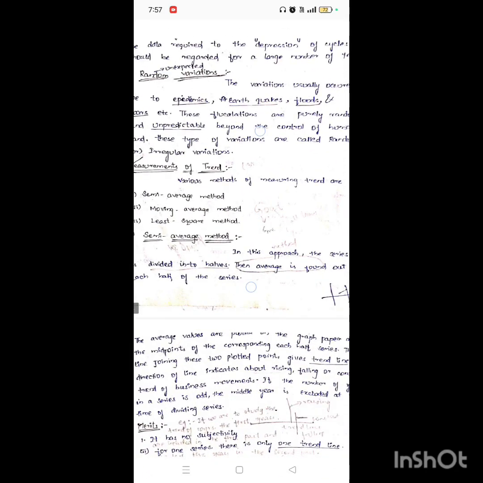Just repeating, I am giving you the instructions on how to find the trend calculation: semi averages, moving averages, least squares method. In that, every time you are going to get one question in the least squares method. Semi averages and moving average methods are very simple and easy questions to calculate.